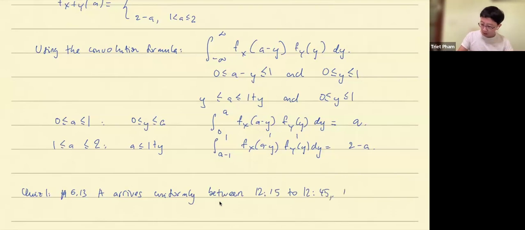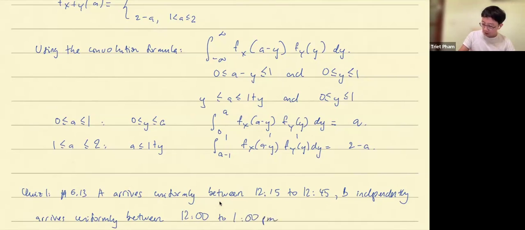B, independently, arrives uniformly between 12 and 1.